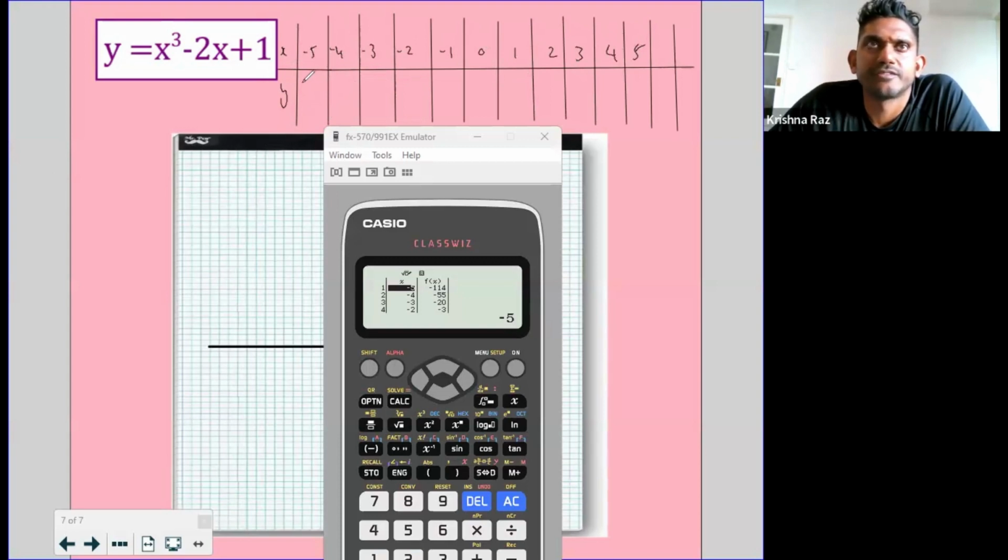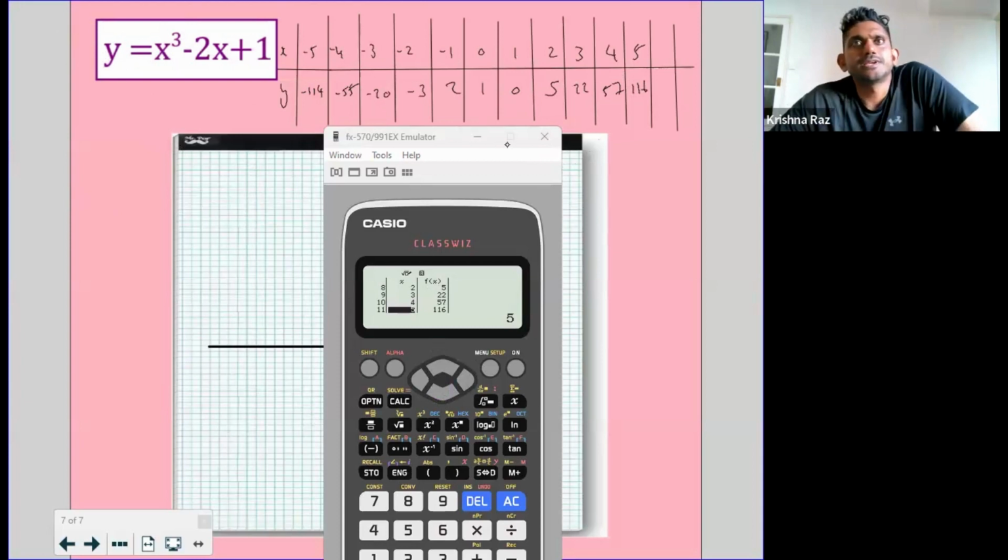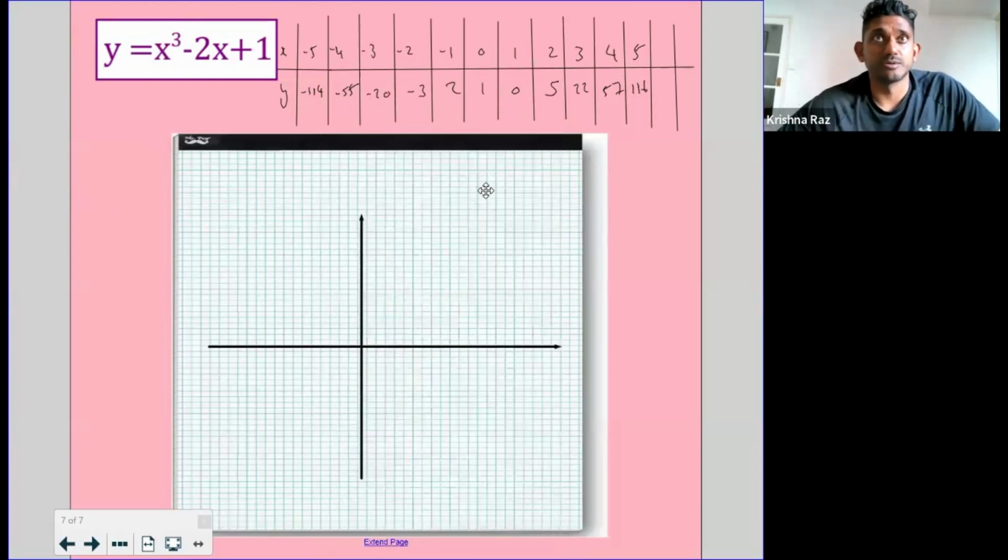Minus 5 gives us minus 114, then minus 55, then minus 20, minus 3, 2, 1, 0, 5, 22, 57, 116. So again, we've got the results using the table function.